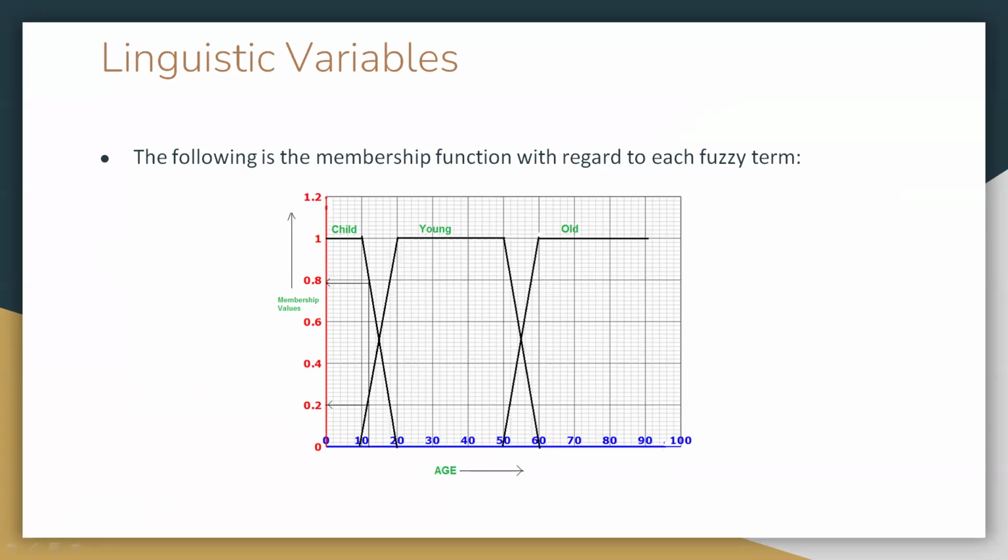So in the child set we get 0.75, whereas in the young set we get 0.2, and in the old set we get a value of 0. So if a person's age is 11, it is safe to assume that he or she is a child, but perhaps a little young, but certainly not old. Okay, so that is the basic idea.